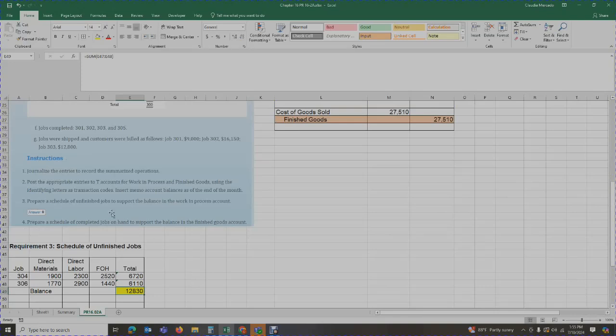Now that is requirement 3. Requirement 4 is to prepare a schedule of completed jobs on hand to support the balance on the finished goods account. Okay. So these are the jobs that have been completed but have not been sold. Okay.